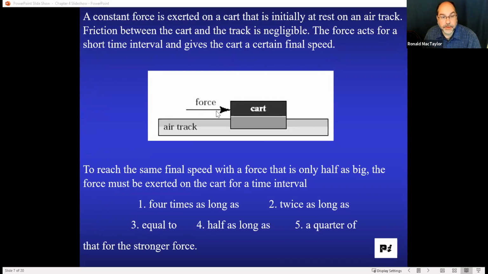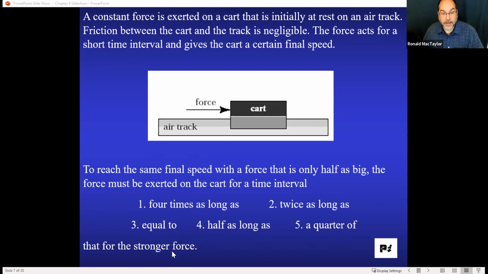Similarly, a constant force is exerted on a cart that is initially at rest on an air track. Friction between the cart and the track is negligible. The force acts for a short time interval and gives the cart a certain final speed. To reach the same final speed with a force that is only half as big, the force must be exerted on the cart for a time interval that is 4 times as long, twice as long, equal to half as long, or a quarter of that for the stronger force.